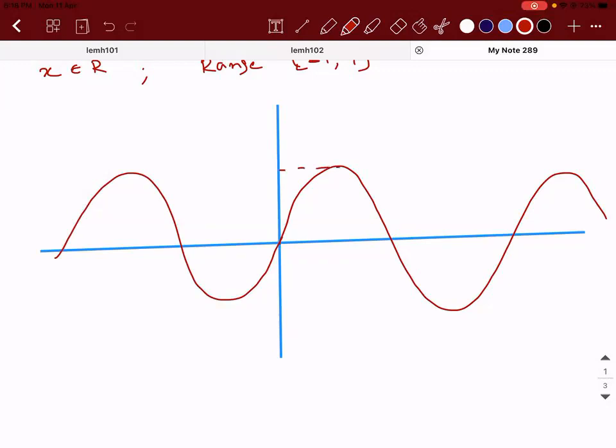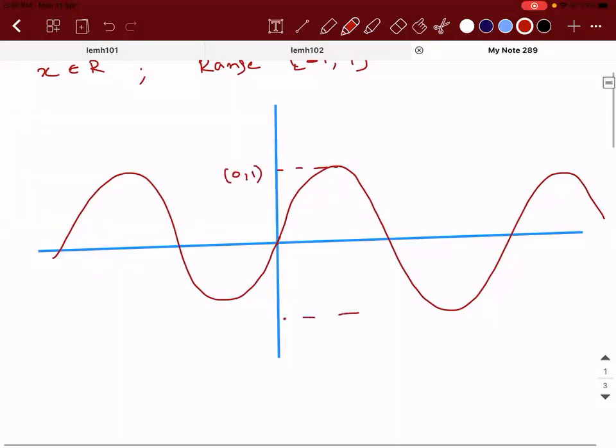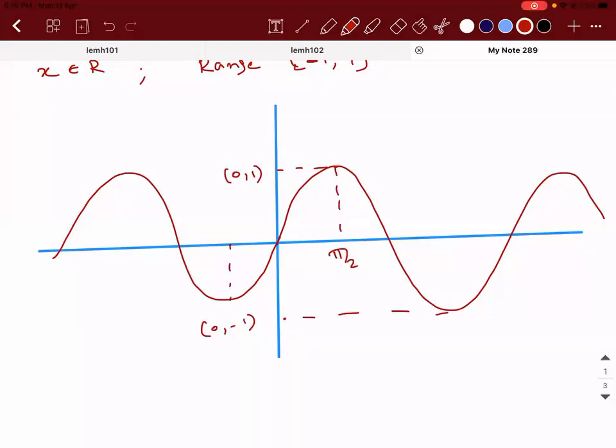So what value is this? This is (0, 1). And what value is this? (0, -1). What value is this? It is pi by 2. And what value is this? Minus pi by 2, etc. Right.